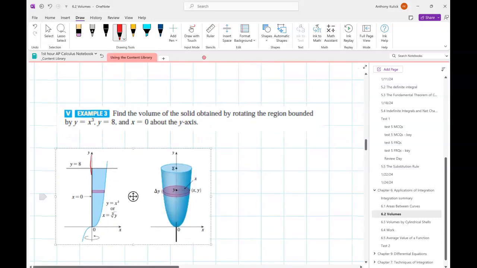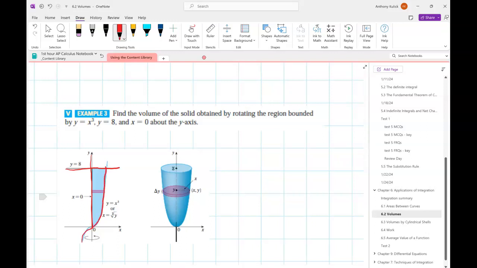So we have the line x equals 0, here's the line y equals 8, and here is the graph of y equals x cubed. So I'm bounded between x equals 0, so I can't pass the y-axis, and I can't go past y equals 8.